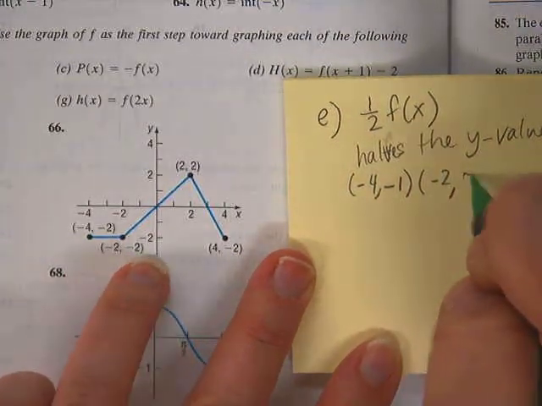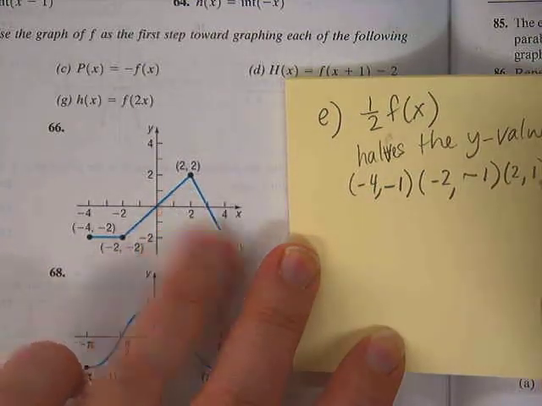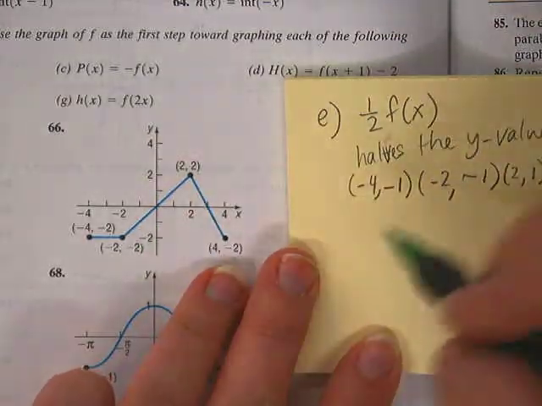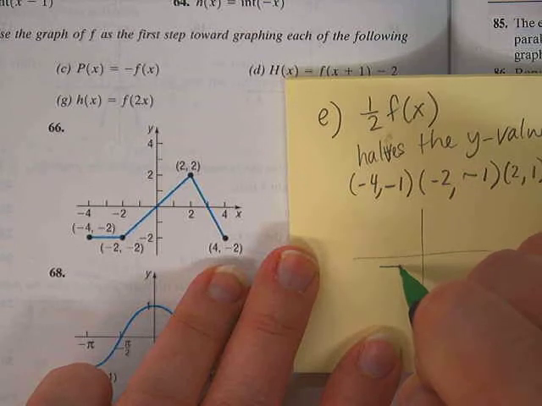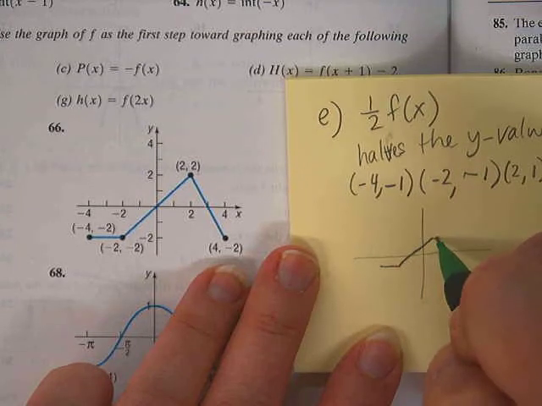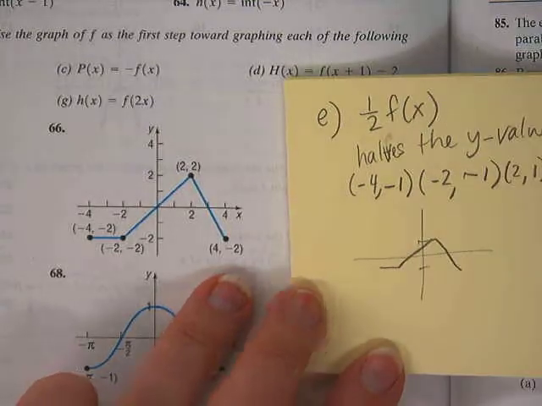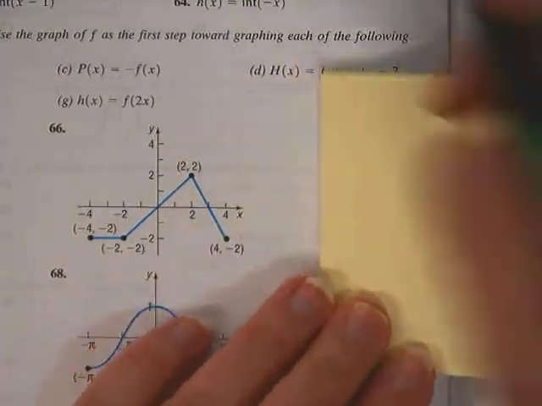Half of -2 is -1. -2, -1. It's just the y values that are affected. 2, 1, and 4, -1. So what is that going to result in when you try to graph it? It's just going to be like squished. Does that look squished, sort of? Okay.